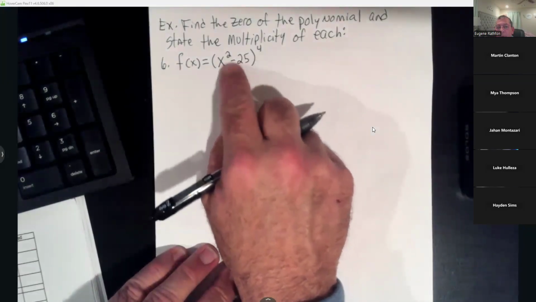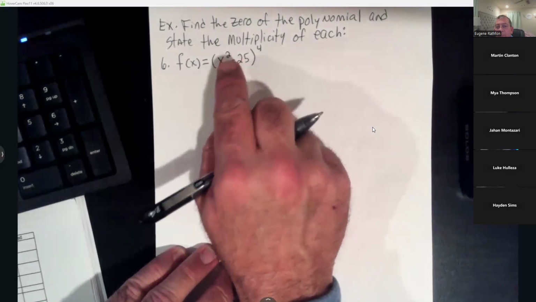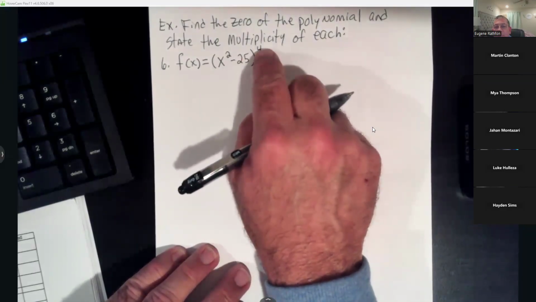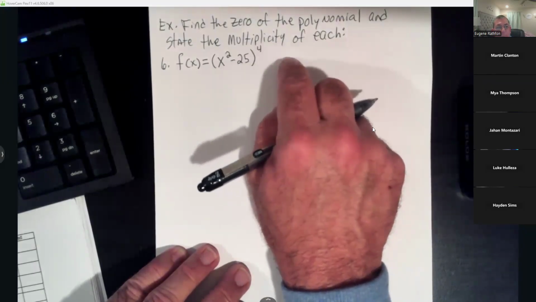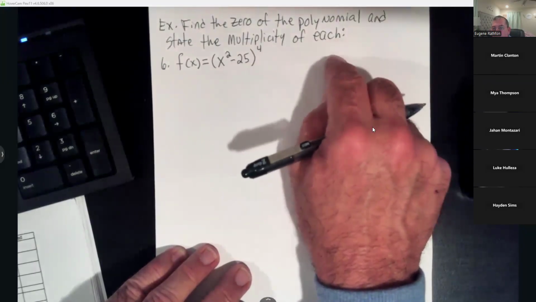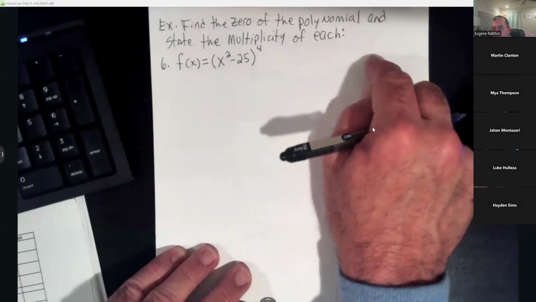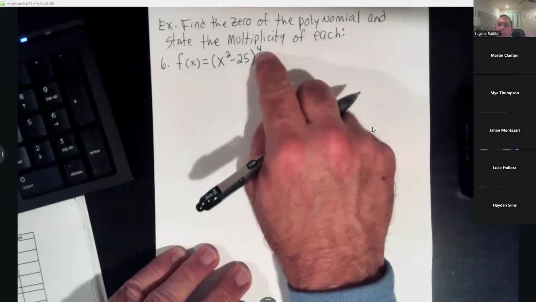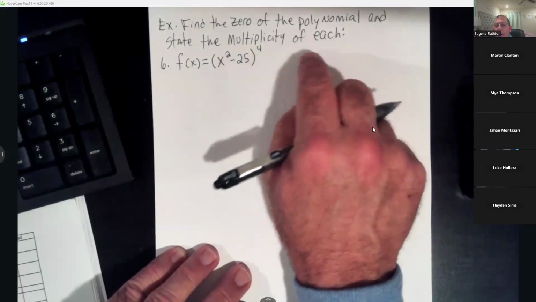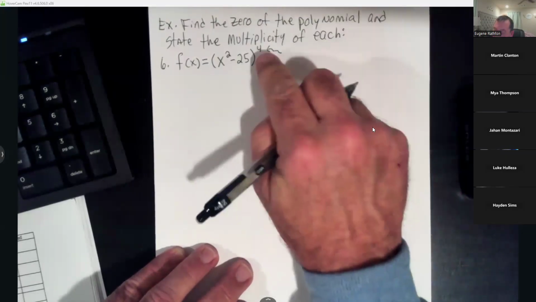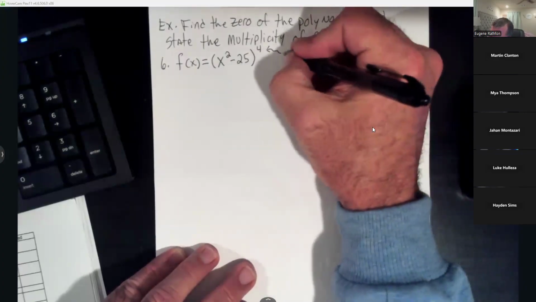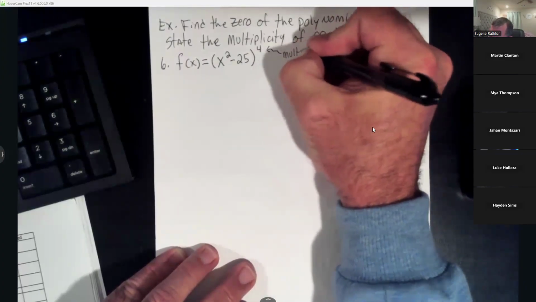So technically, we're treating this as it's already factored. This exponent 4 means you got an x squared minus 25, x squared minus 25, x squared minus 25, x squared minus 25. So that's why we're using the exponent for shorthand. So on this example, the exponent 4 will be what I use to get my multiplicity.